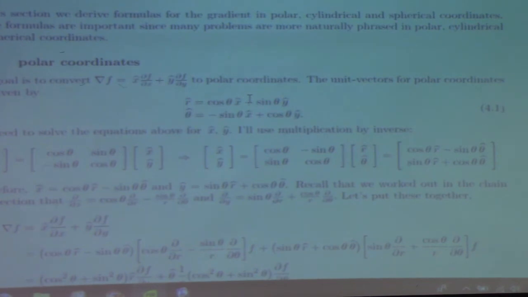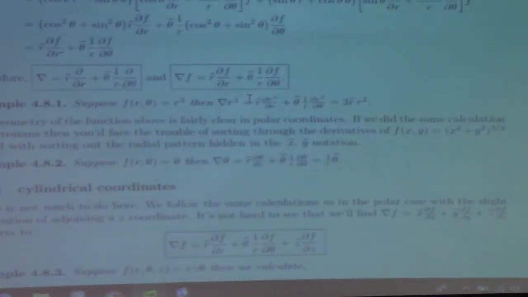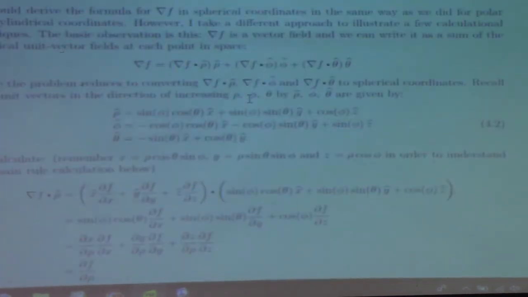I took a different approach in the notes in terms of solving for r hat. I looked at this as 2 equations and 2 unknowns, and I solved for x hat and y hat in terms of r hat using 2x2 matrix stuff. But anyway, we get the same gradient we just derived, and then there's the cylindrical one, great, and spherical. Woo! Spherical coordinates.